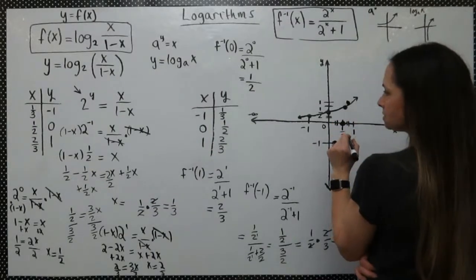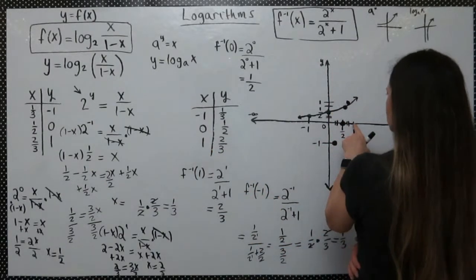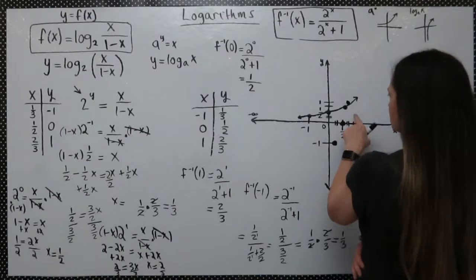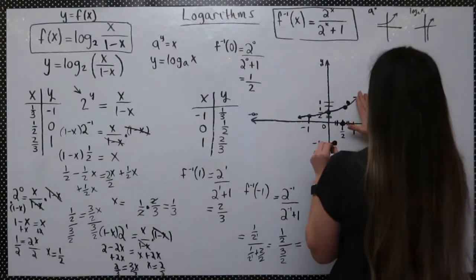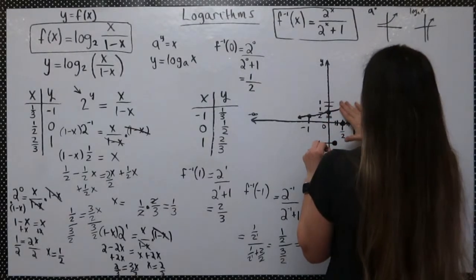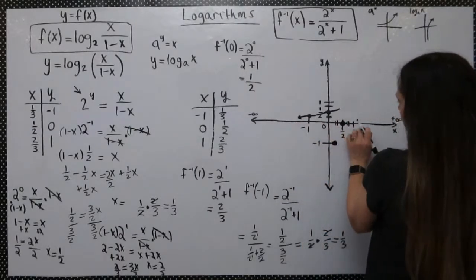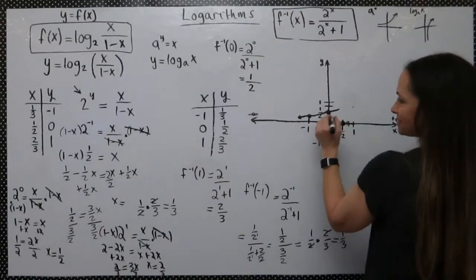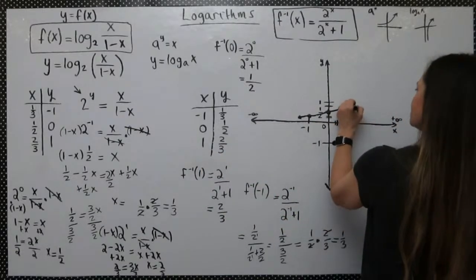Wait a second. 1, 2/3 is here. So this one's not sketched accurately. Hang on. Because I moved this point, I have to move this one as well. So this one, 1, 2/3 is here.